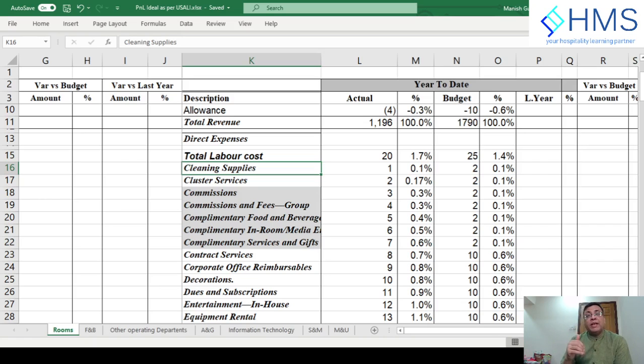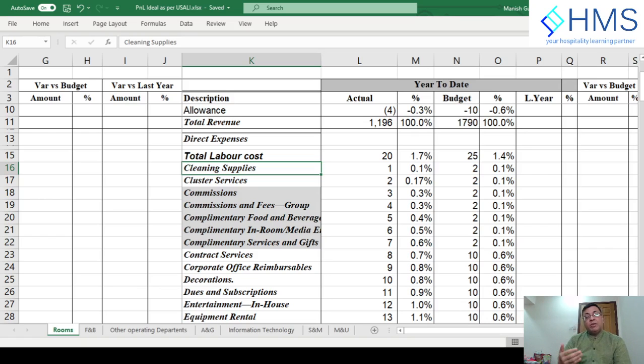So what portion is fixed, what portion is variable? Normally it's not split out in the P&L. Usually you have to go back to the general ledger and see how much money is being spent on the fixed portions, how much money is being spent on the variable portions. The housekeeping department may have a breakdown of how much they are spending on the public area, how much they are spending on the rooms, so that you can compare whether the fixed portion is really fixed or is it increasing.